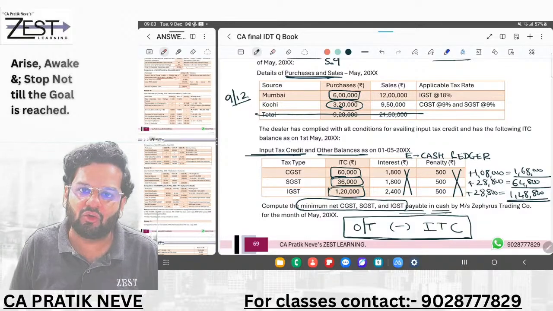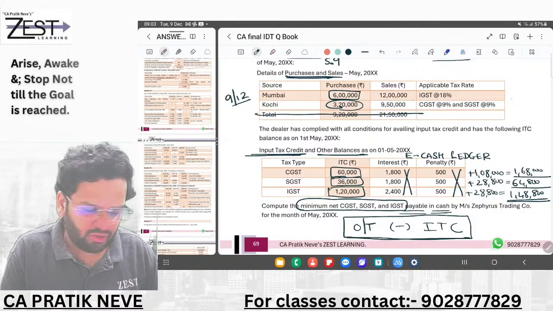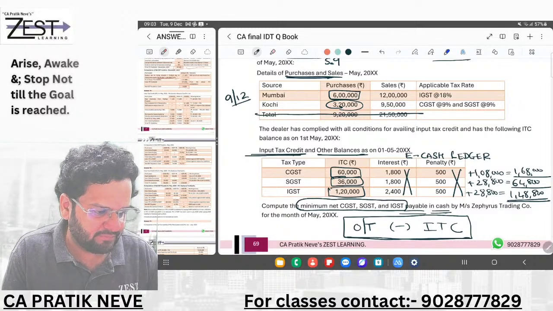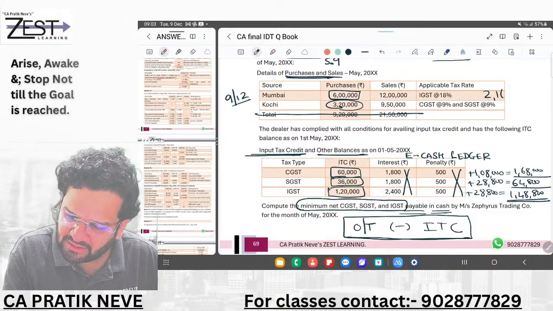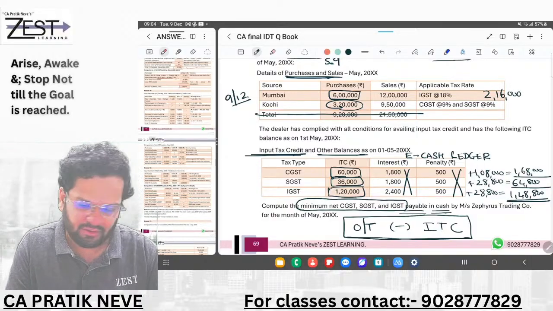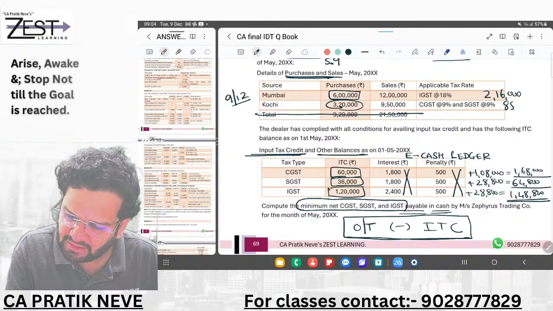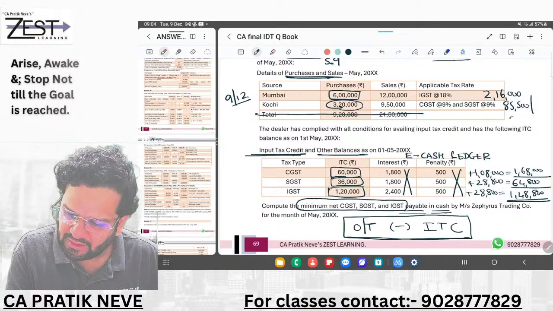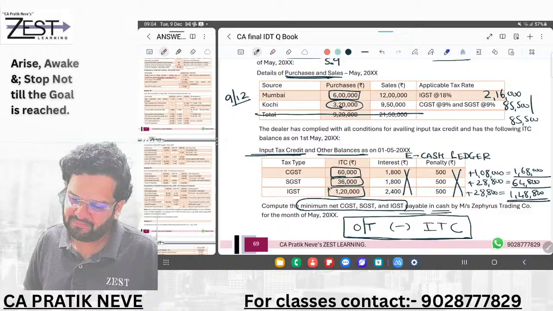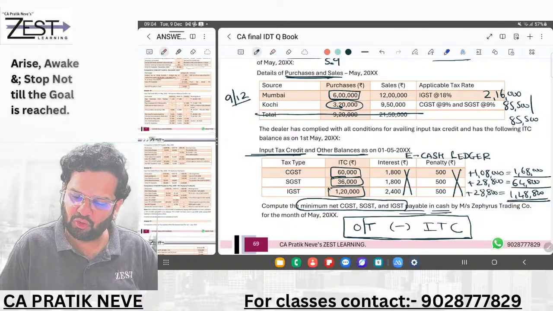And then go ahead, calculate output tax on 12 lakh at 18%, 2,16,000. On 9,50,000 at 9% each, 85,500, 85,500. Make sense? So far, so good.